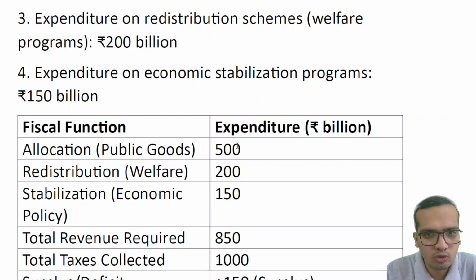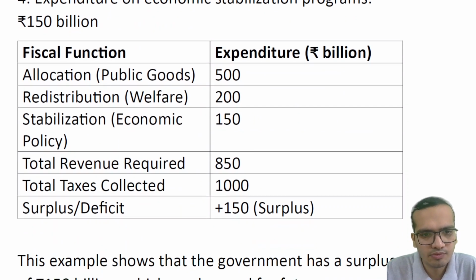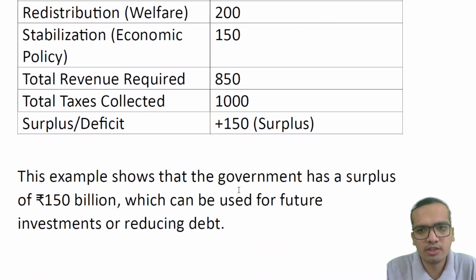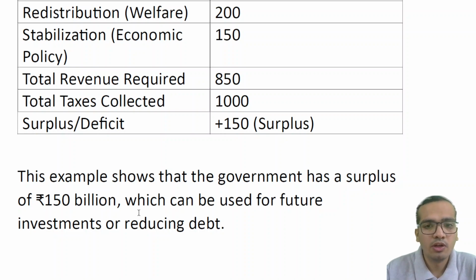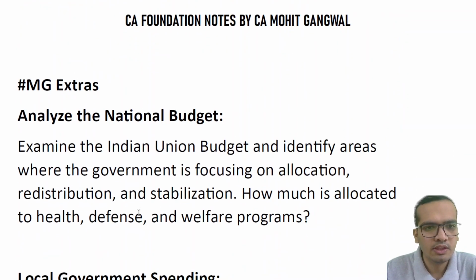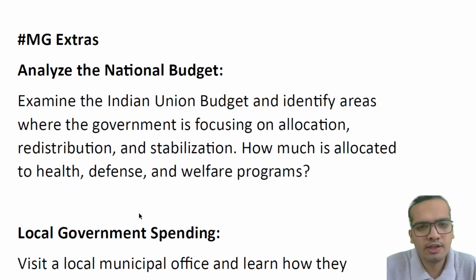Total revenue required for the above spending is 850, while the total taxes collected are 1000, so we have a surplus of 150 billion. So this example shows that the government has a surplus of 150 billion which can be used for future investments or reducing its debt.